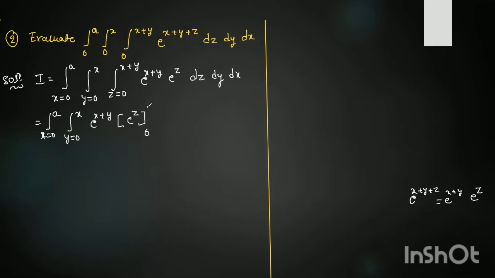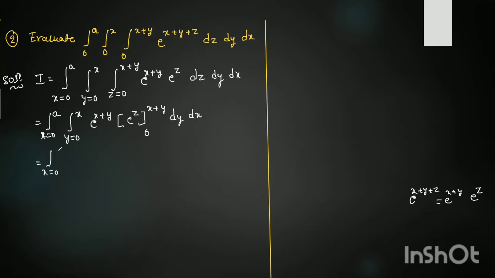The limits are 0 to x plus y, dy and dx. In place of z, we have to substitute x plus y, and then we have to substitute 0.